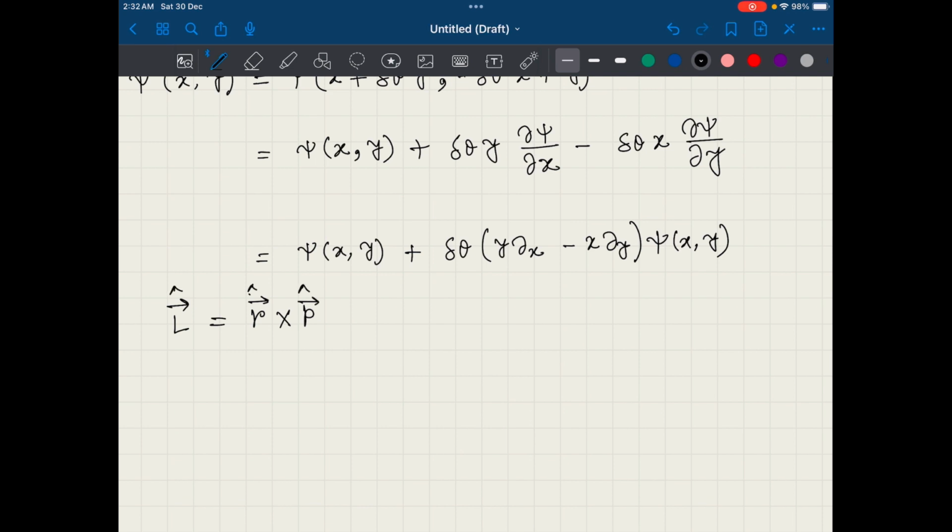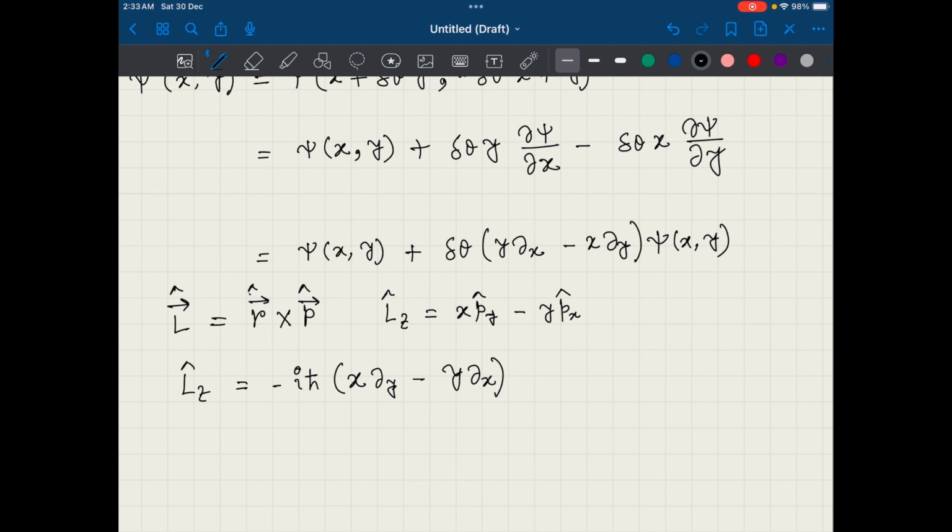This is the operator. So Lz equal to x p y minus y p x. So Lz, we replace p y and p x by their position space representation, and thus we get i h cut times x delta y minus y delta x.